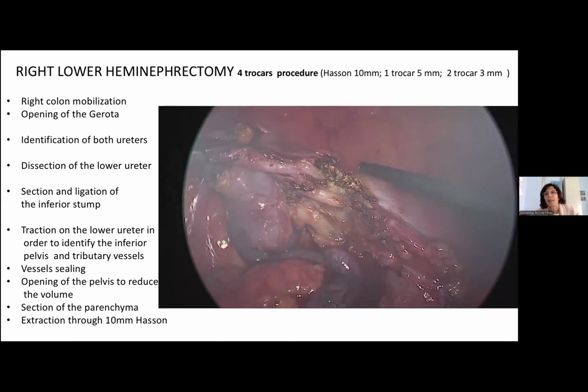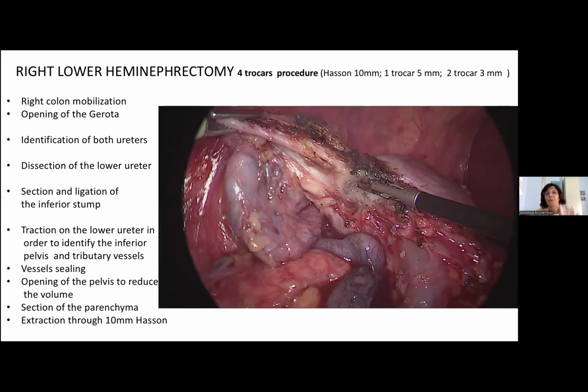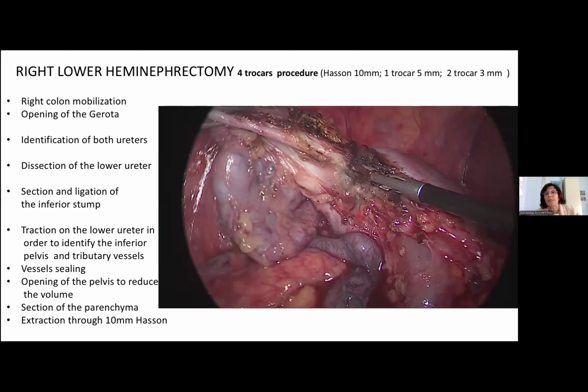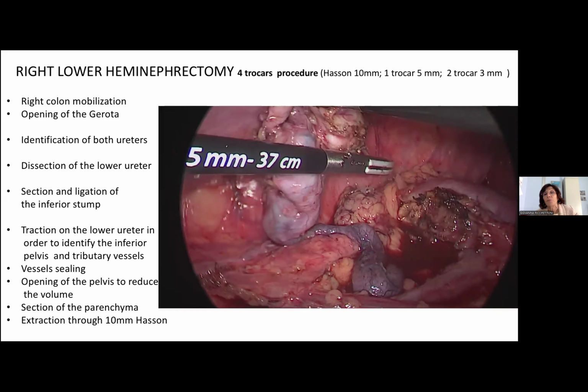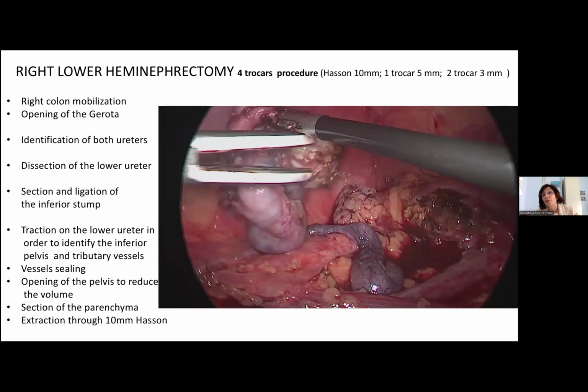In this way, the pelvis was smaller, and then it was easy to identify the right plane and to dissect completely the kidney without leaving any remnant of the urinary tract. Then the specimen was extracted through the 10 millimeter trocar.